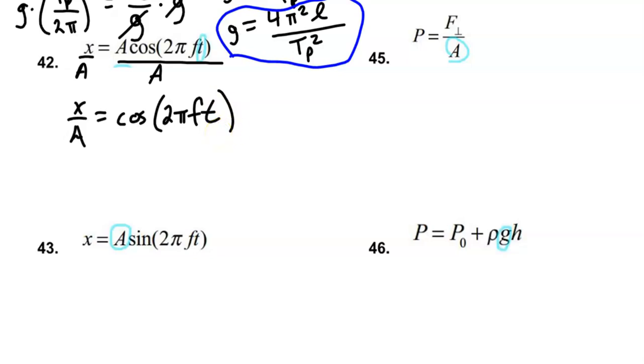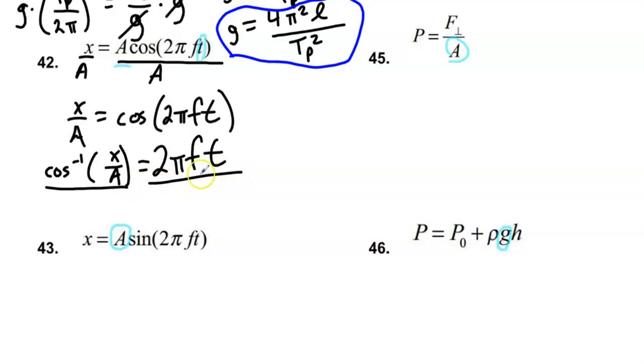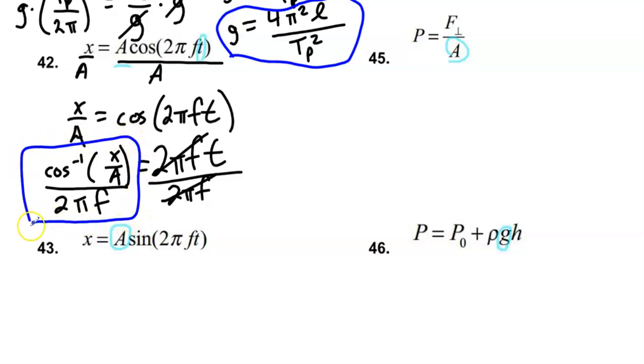The way we undo cosines is we take the inverse cosine of both sides, so that will be cosine inverse of x over A equals 2 pi f t. Then we divide both sides by 2 pi f, and that will give us t.